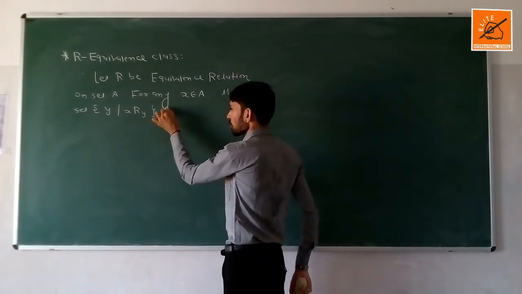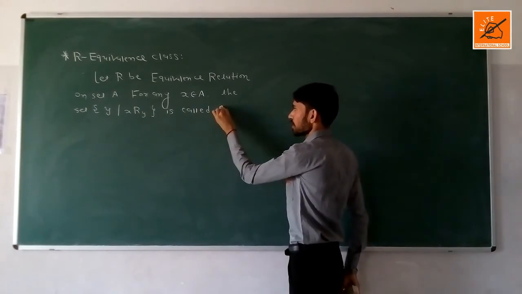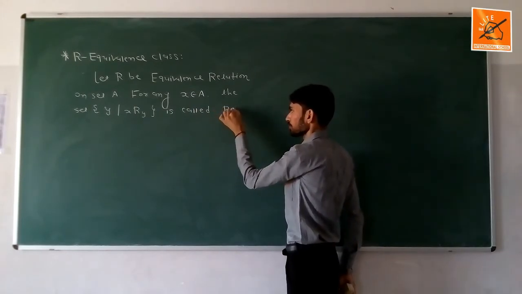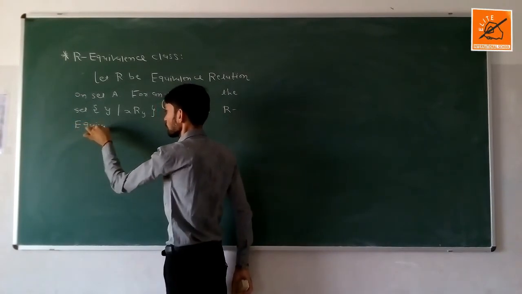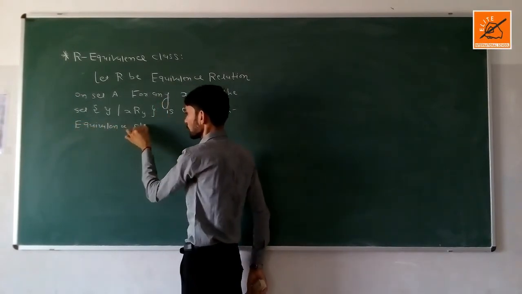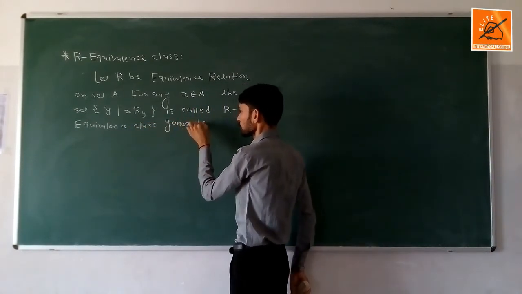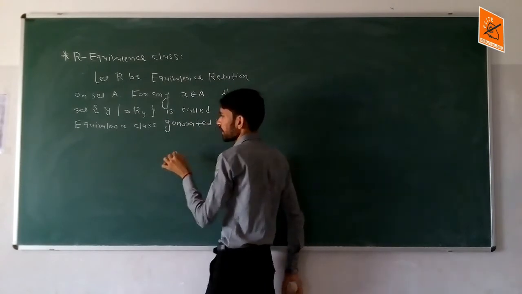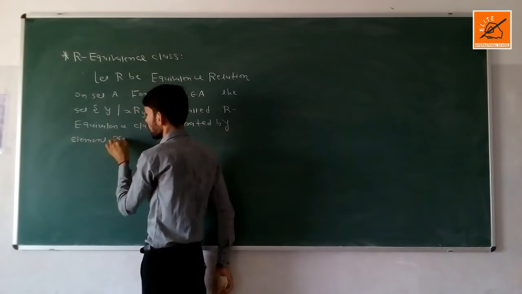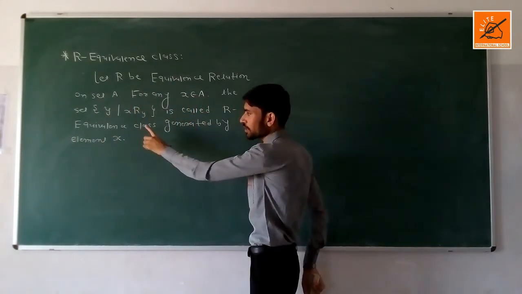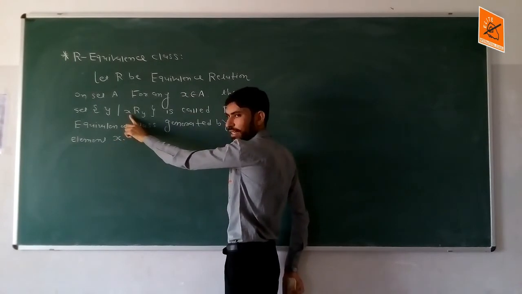This set is called the R equivalence class generated by element x. So this is the equivalence class of x, and this is the equivalence class generated by element x.